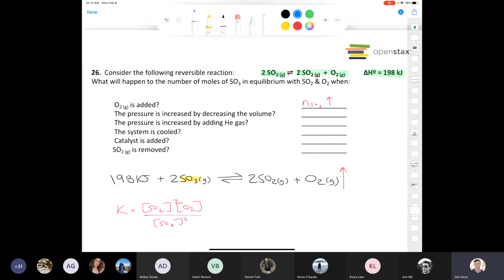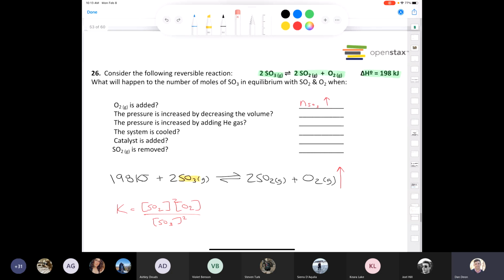So if the oxygen goes up, that would make our Q go up, we'd have a higher Q. So the reaction is going to have to shift to the left in order to make more SO3 to reestablish K. That tells me that overall, the number of moles of sulfur trioxide is going to increase.